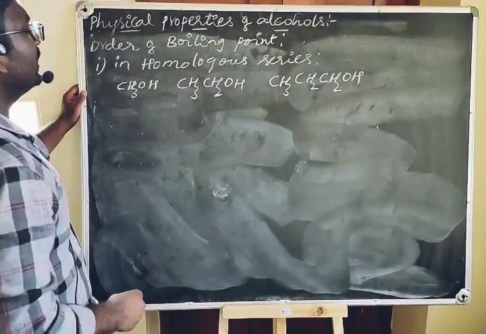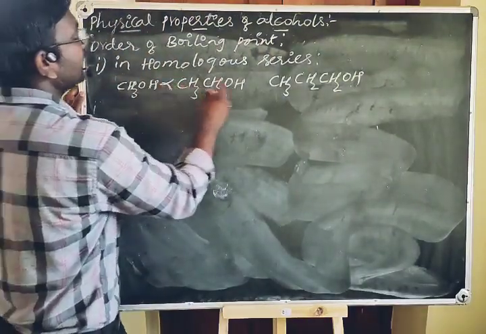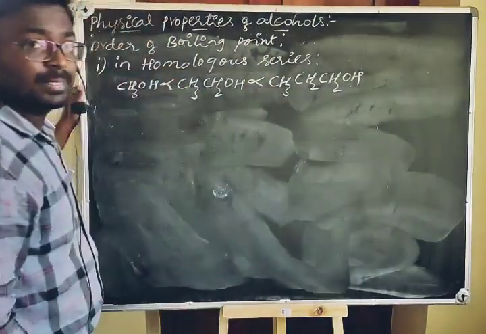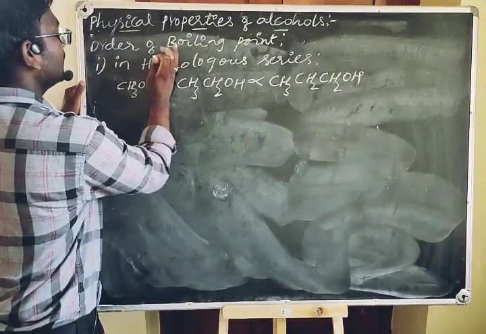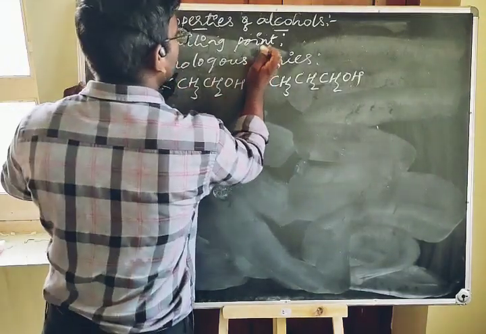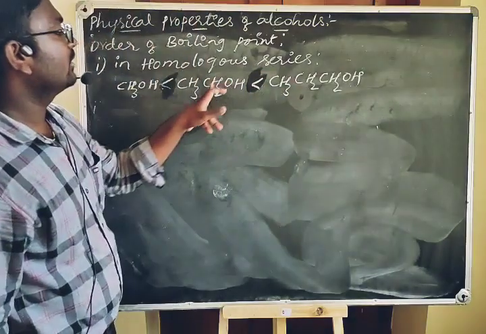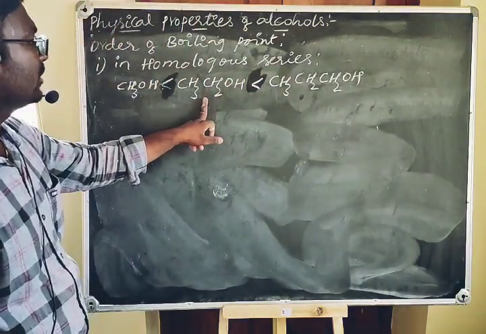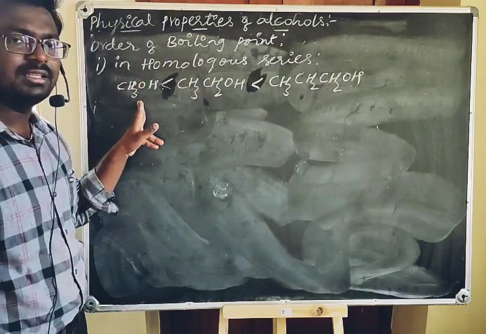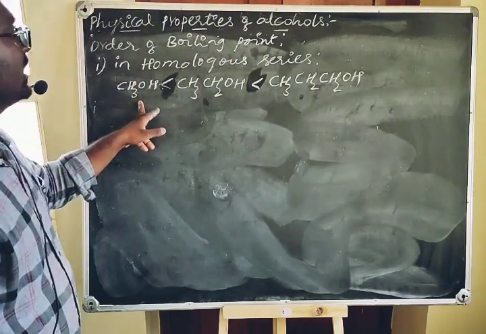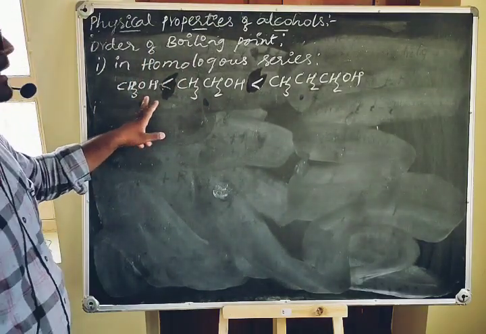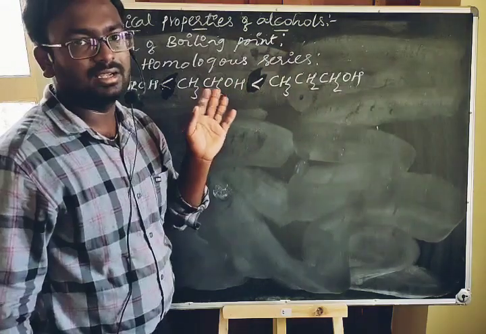Here the boiling points will vary in this way. The boiling point of propanol is higher than ethanol. Ethanol has a higher boiling point than methanol. It is because of increase in the surface area.